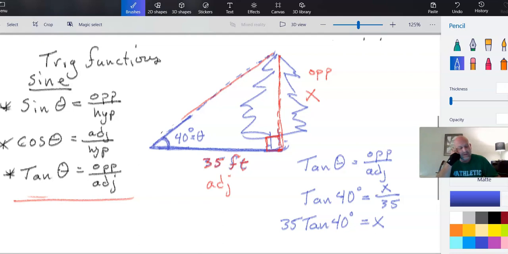If you have a calculator that's not a graphing calculator, there's probably a button somewhere that says degree radian. It'll say DEG, RAD, and GRAD. So you want to make sure that is on degrees, the DEG.